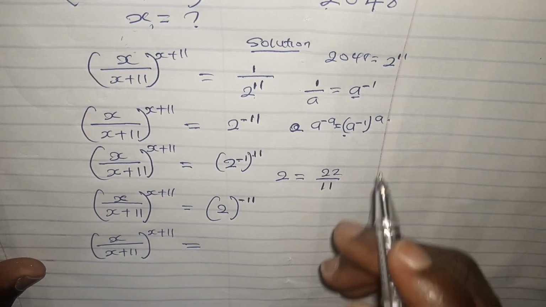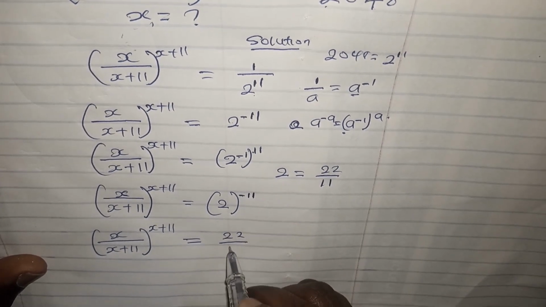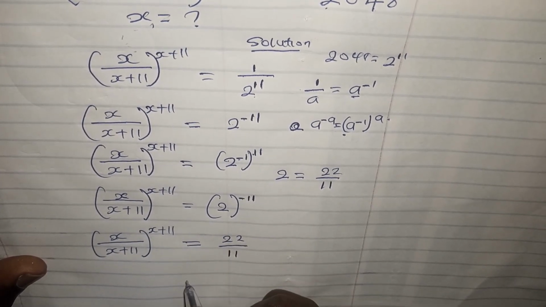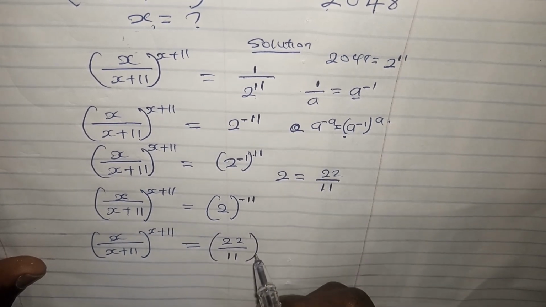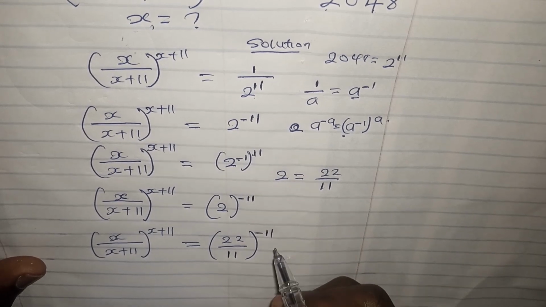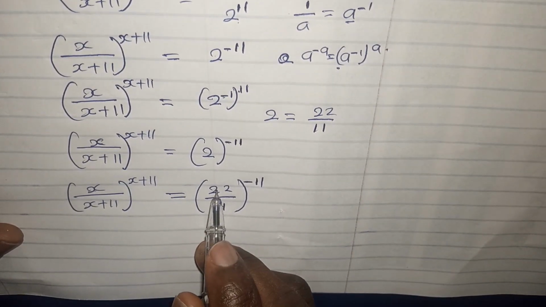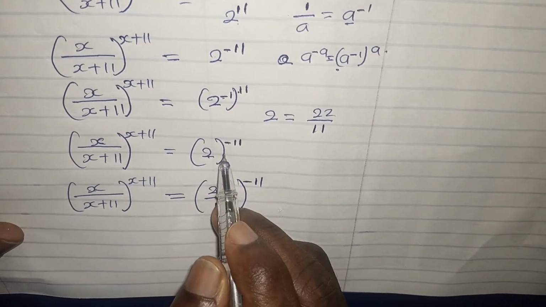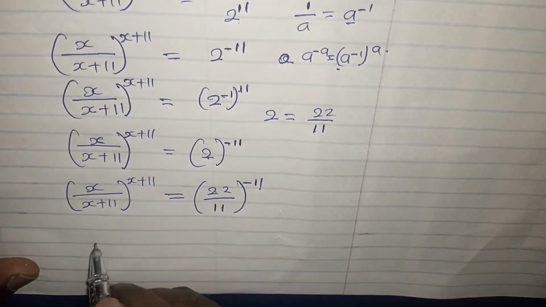So in other words, we can put 22 divided by 11, all to the power of negative 11. So this 11 will divide this 22, and we are going back to this, and this is what we are having.